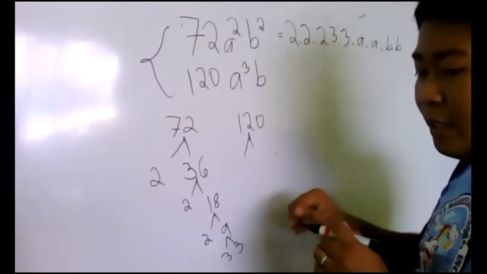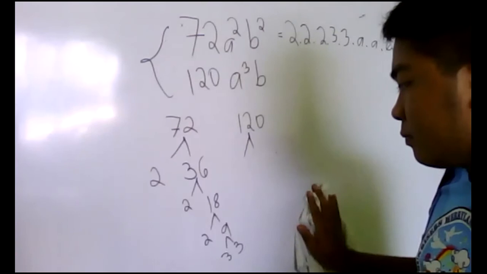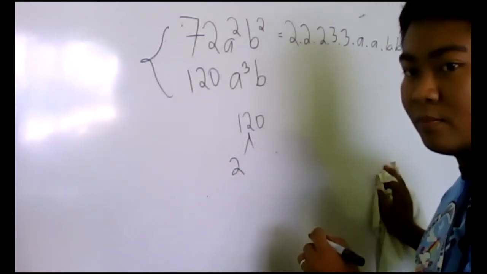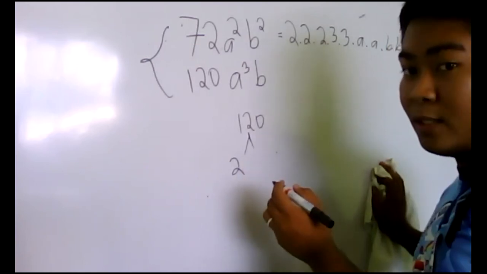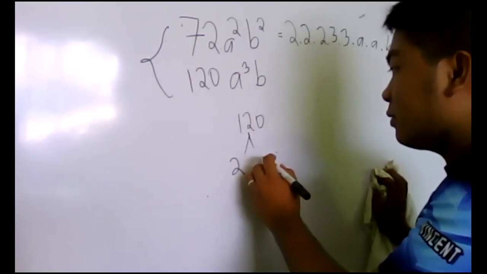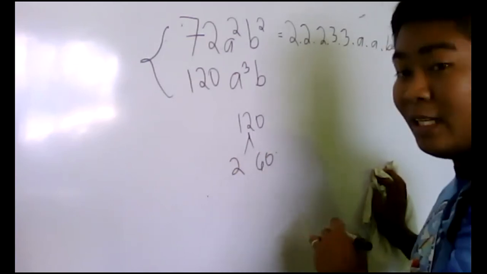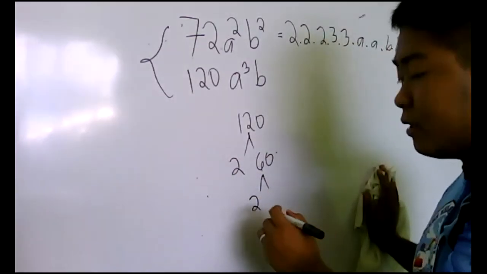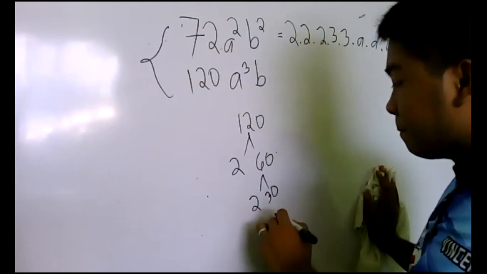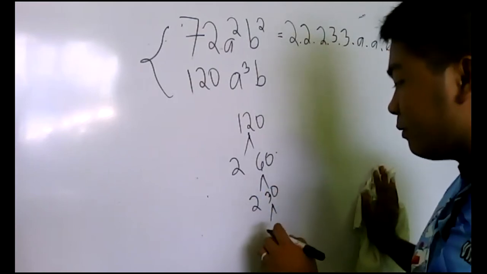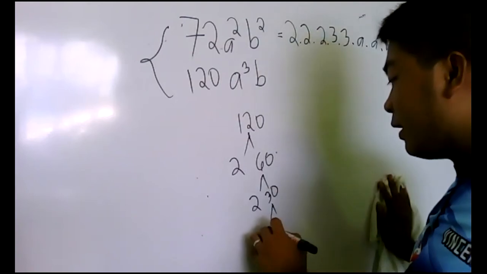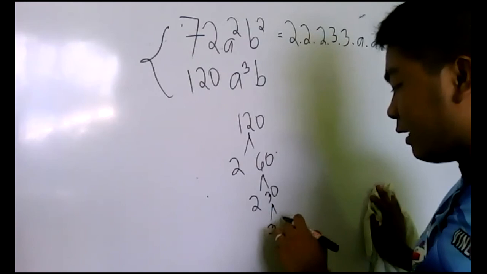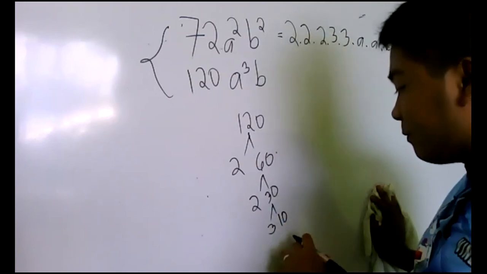How about in 120? So 2 times what? 60. 60 divided by 2, or 2 times what is 30? 30 is factorable by 5. Or let's try 10 times 3 na lang.